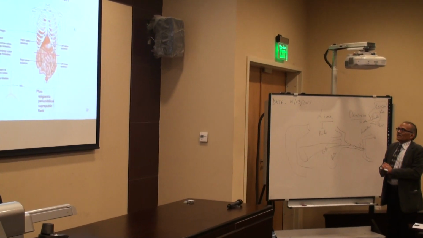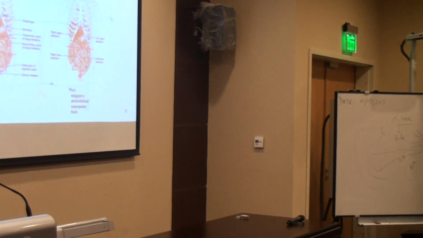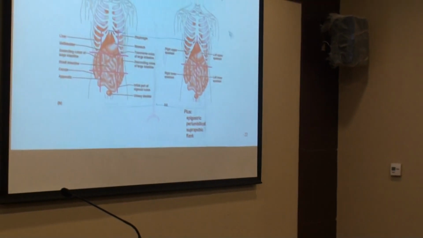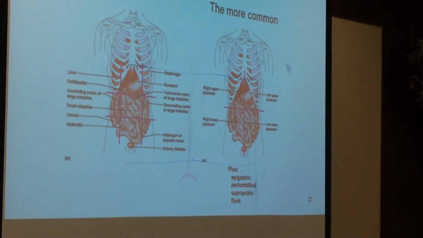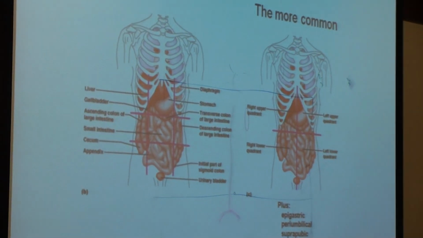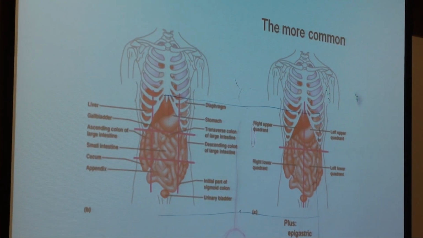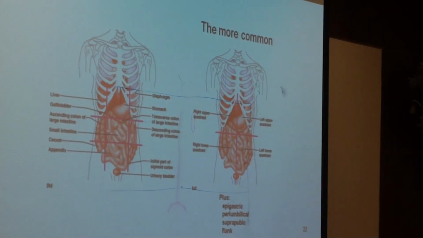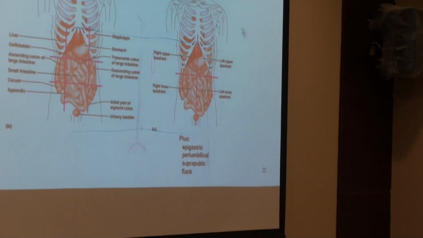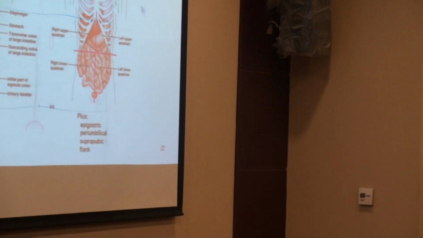Next please. Now all these components, the structures we have seen, for the purpose of study, when we have to study the person as a patient, as a human being, we divide this abdominal cavity into different regions. Two systems are used.